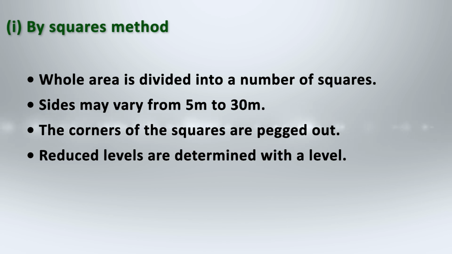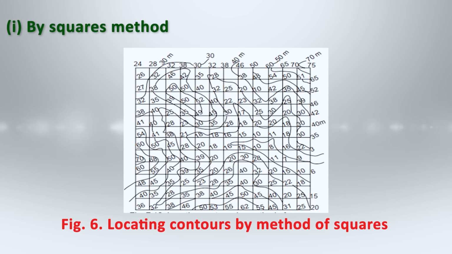The corners of the squares are pegged out and the reduced levels of these points are determined with a level. The important points within the squares may be taken when required and located by measurements from the corners, as you can see in figure 6.